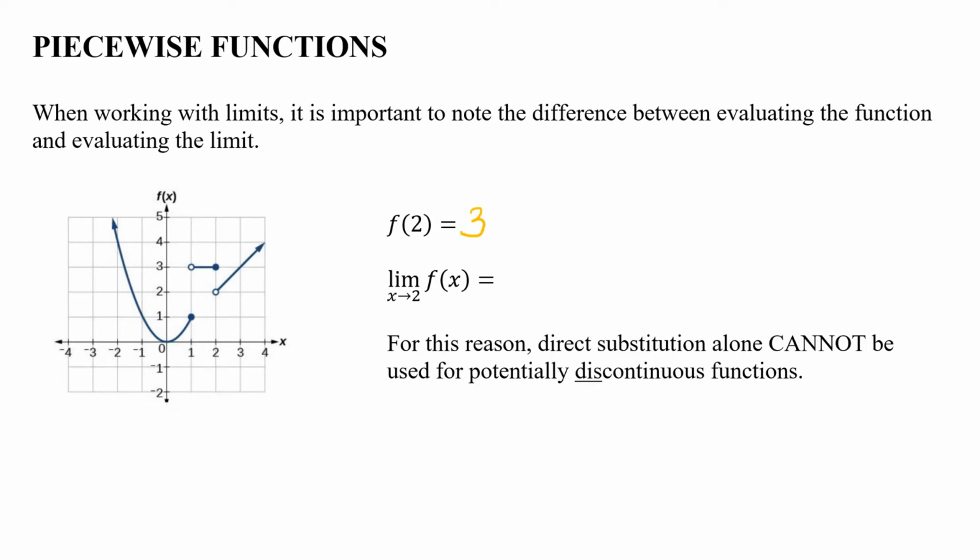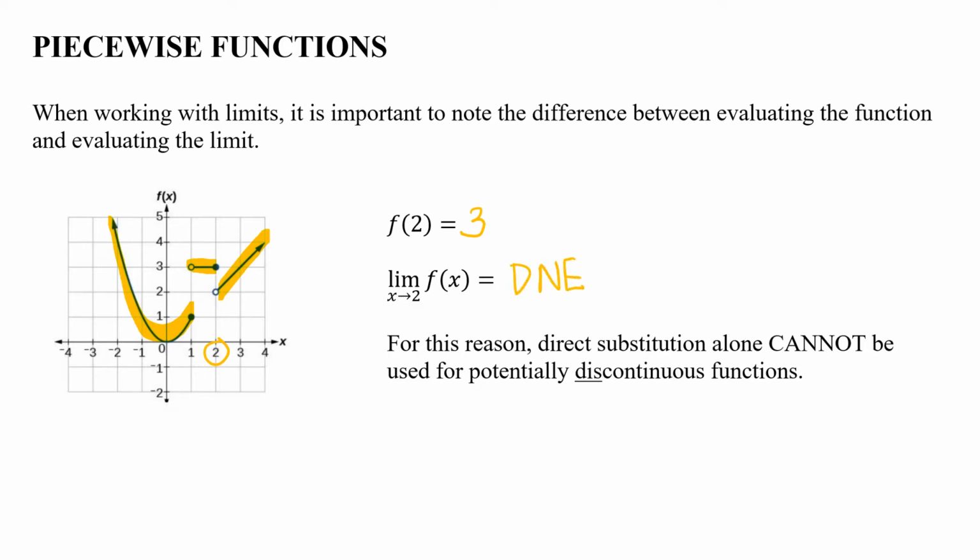But if we look at the limit as x approaches 2 of f of x, we have to look at our left and right hand limits. From the right, I'm approaching 2, but from the left, my output is approaching 3. So my overall limit does not exist.